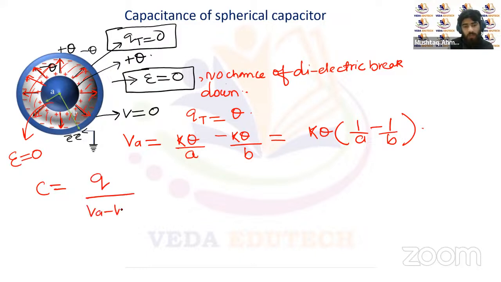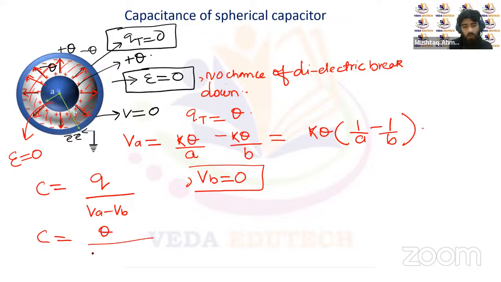We know that the potential on the surface of this outer sphere is equal to 0 because it's grounded. So the capacitance will be equal to Q, the charge, upon the potential difference, that's KQ multiplied by 1 upon A minus 1 upon B, minus 0, because VB is 0.